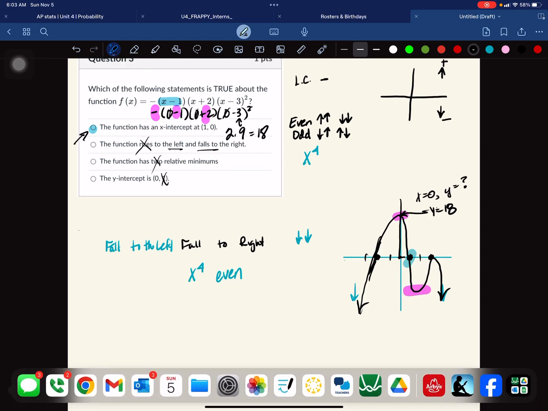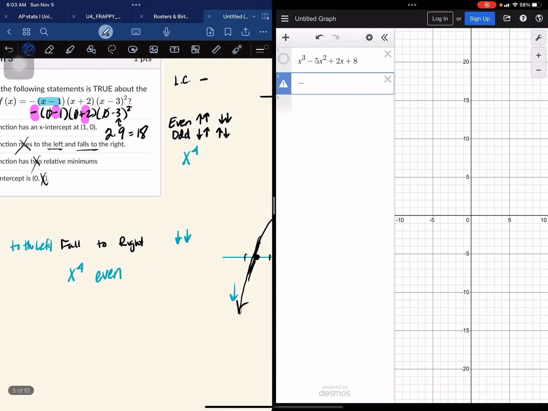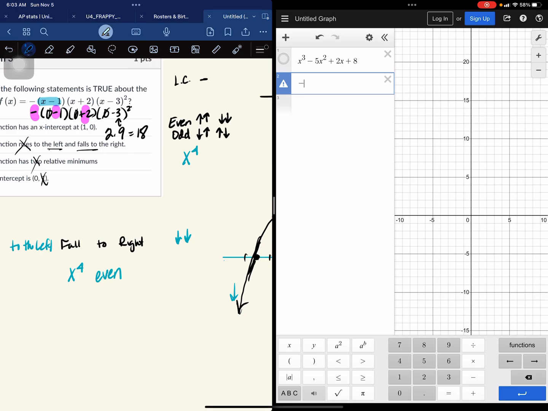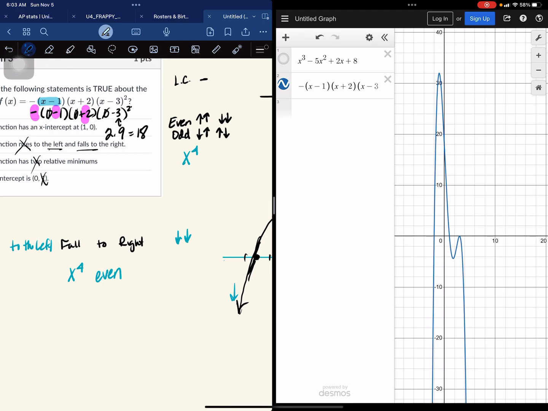But of course, we have our wonderful friend Desmos. And Desmos could actually help us out with this, just to make us feel nice and confident that we've got it right. We're going to plug in that original function, x plus 2 and x minus 3 quantity squared. There we go. Yep. So I'm betting that's 18. Yep.